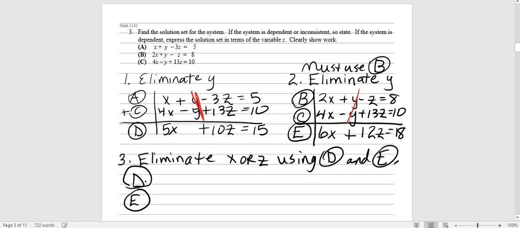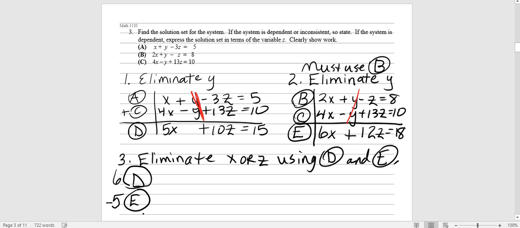All right, now I notice that I have a 5x in equation D and a 6x in equation E. So I am going to have to multiply them both by something. So I'm going to use the coefficient of x in equation D times E and the coefficient of the x in equation E times D. Since they both have the same sign to start with, one of these needs to be negative.